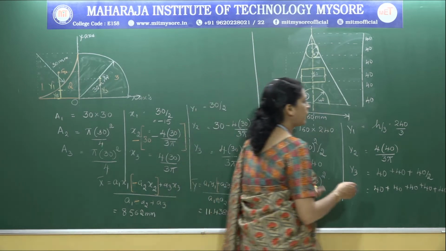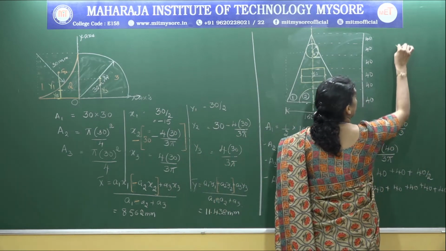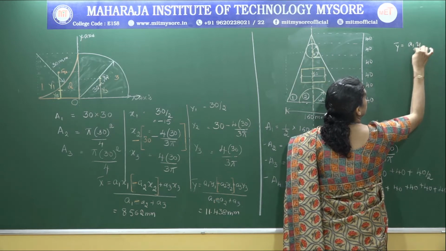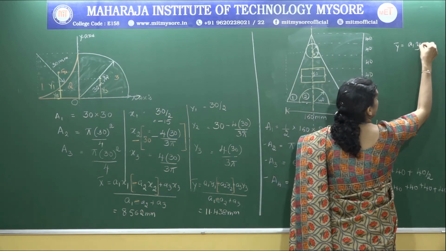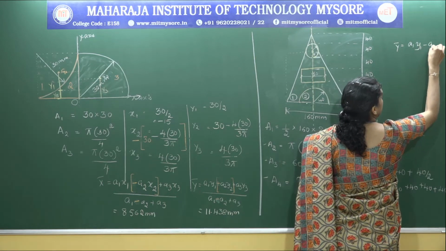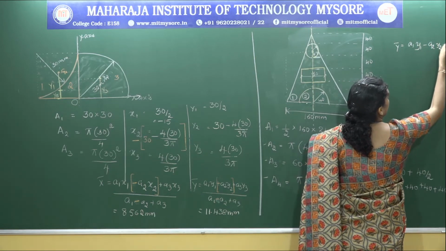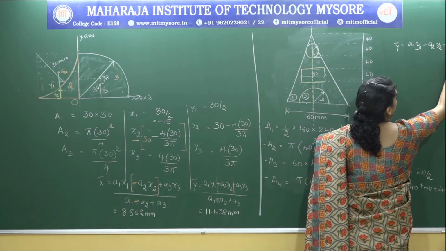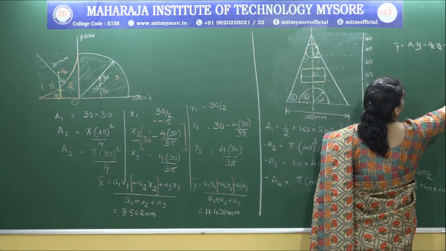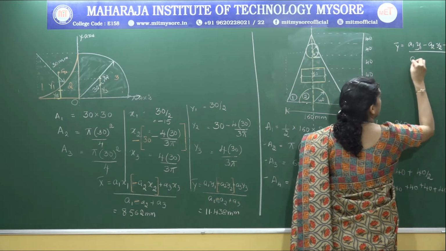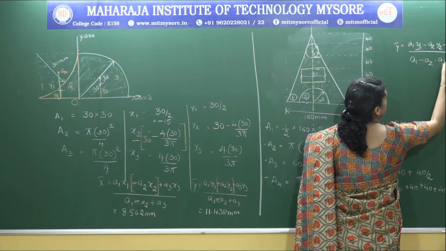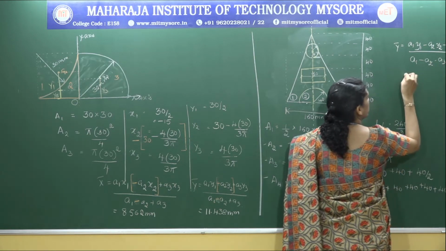Next, in order to find y bar, we will have to write a1 into y1 minus a2 into y2 minus a3 into y3 minus a4 into y4 divided by a1 minus a2 minus a3 and minus a4.